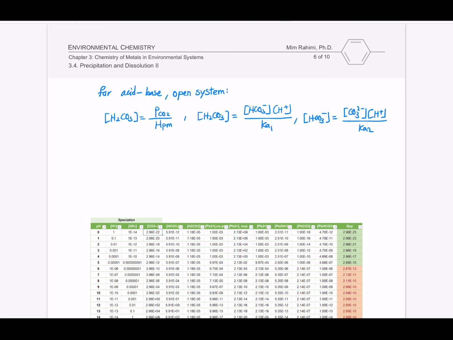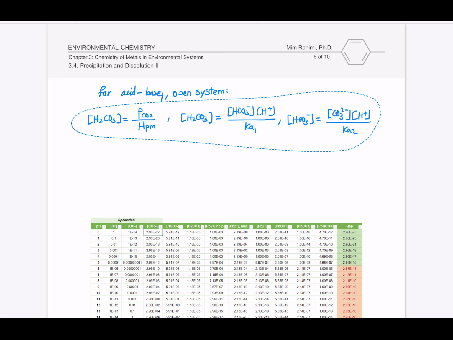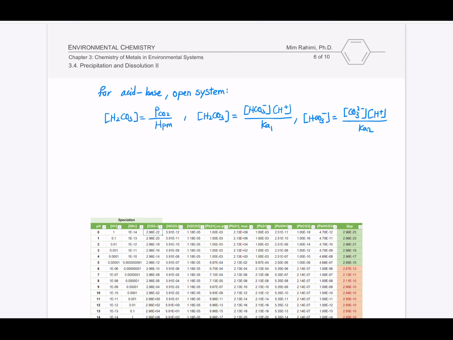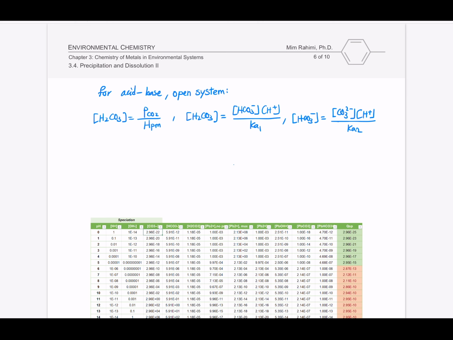We just rearranged a little bit to make it easier to work with. So now we can easily calculate the concentration of this guy as a function of pH and use it for either no precipitation scenario or with precipitation scenario.